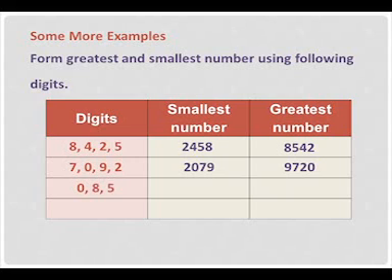Digits 085, smallest number formed is 508 and greatest number formed is 850. Now last, 6712, smallest number formed is 1267 and the greatest number formed is 7621.